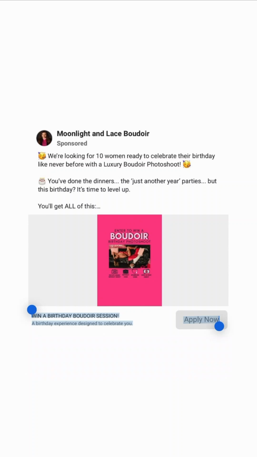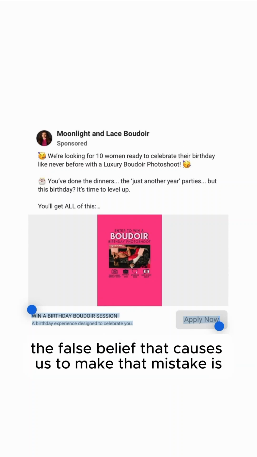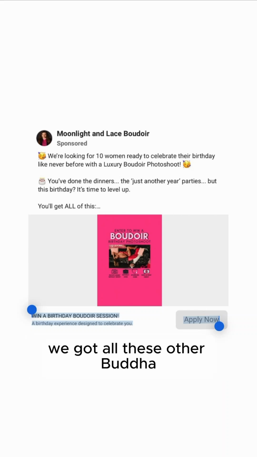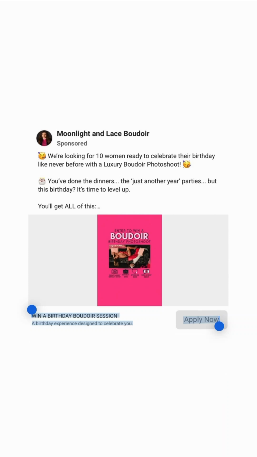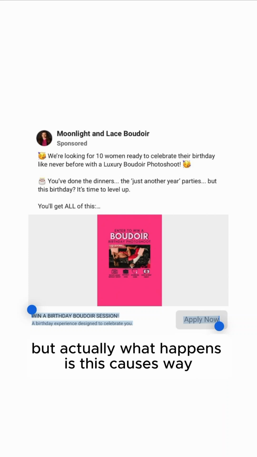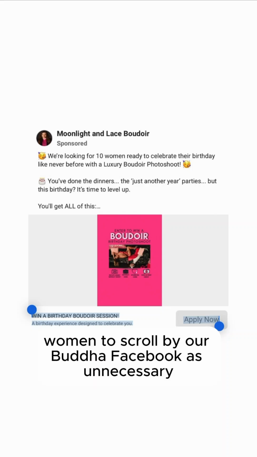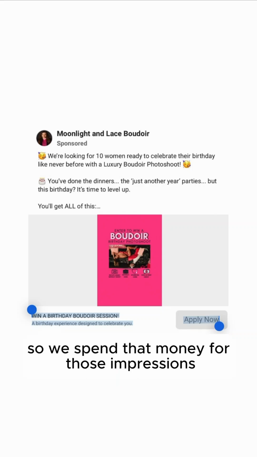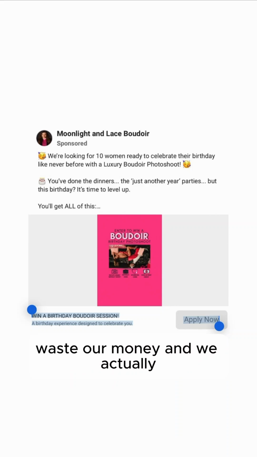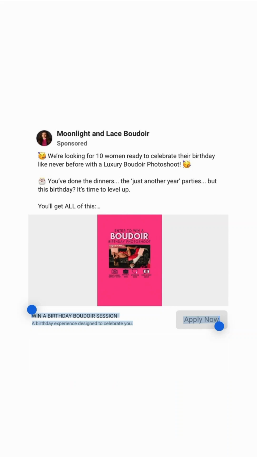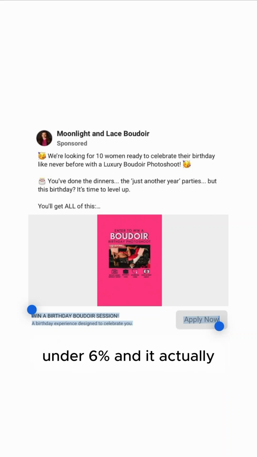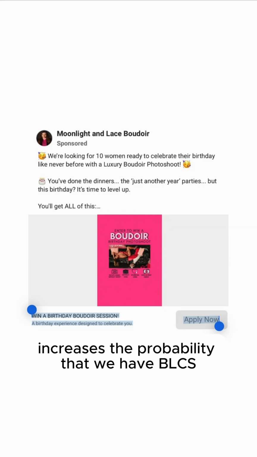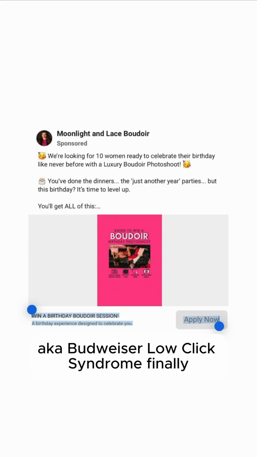And that's because the false belief that causes us to make that mistake is we got all these other Boudoir Facebook ads that we've seen that all look like ads. But actually what happens is this causes way more women to scroll by our Boudoir Facebook ads than necessary. So we spend that money for those impressions, waste our money. And this actually pulls down our unique CTR all under 6%. And it actually increases the probability that we have BLCS, aka Boudoir low click syndrome.